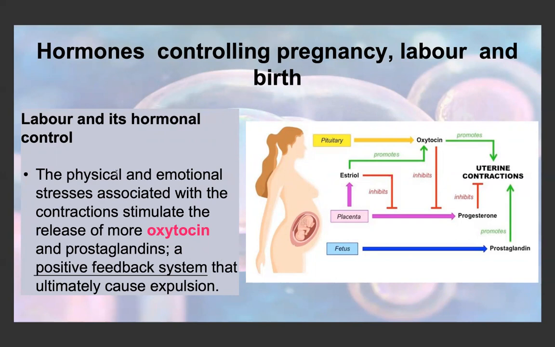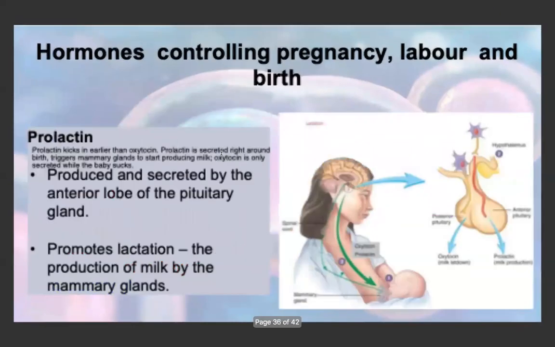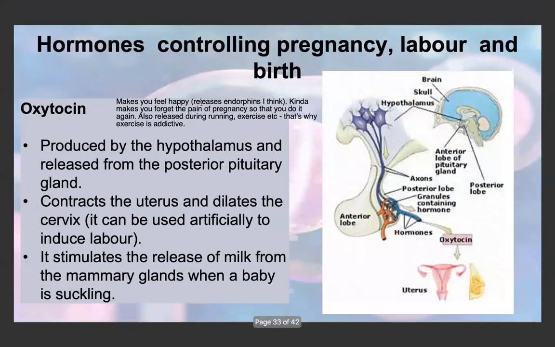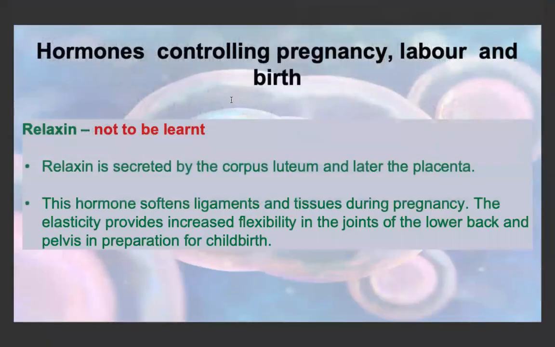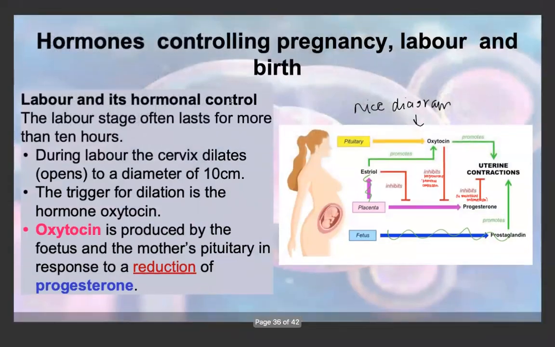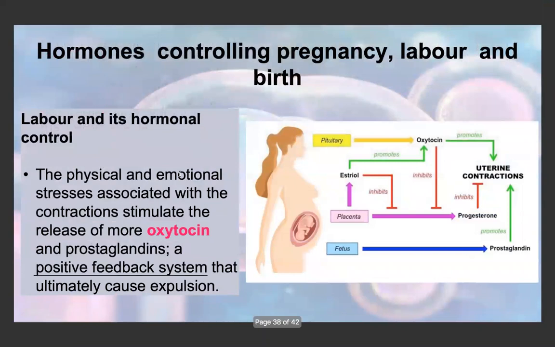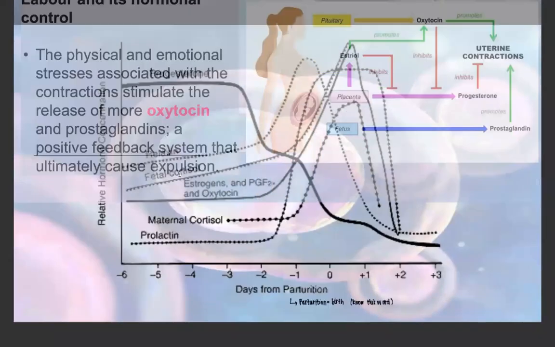As I mentioned earlier, these physical and emotional stresses, which are related to an increase in oxytocin, also relate to the endorphins released by the oxytocin, so that we kind of forget the emotional and physical stresses, which makes females willing to have a baby again.